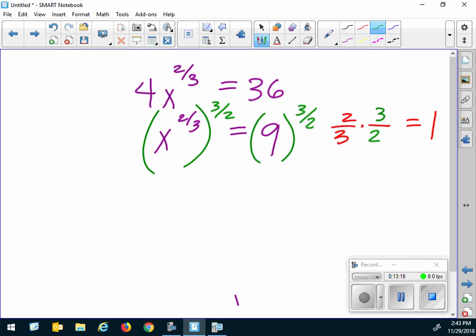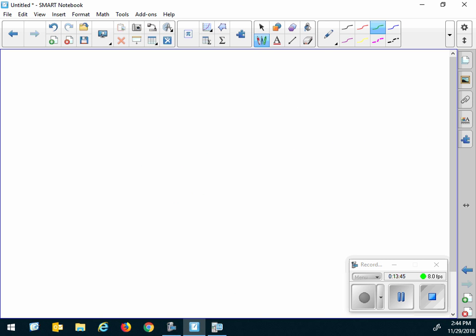You multiply them, and 2/3 times 3/2 is 1. So that is x equals the square root of 9, 3 to the 3rd power. I don't care which way you do it, as long as you check it. Will you decide which way is easy for you and do it? Okay. Next one.